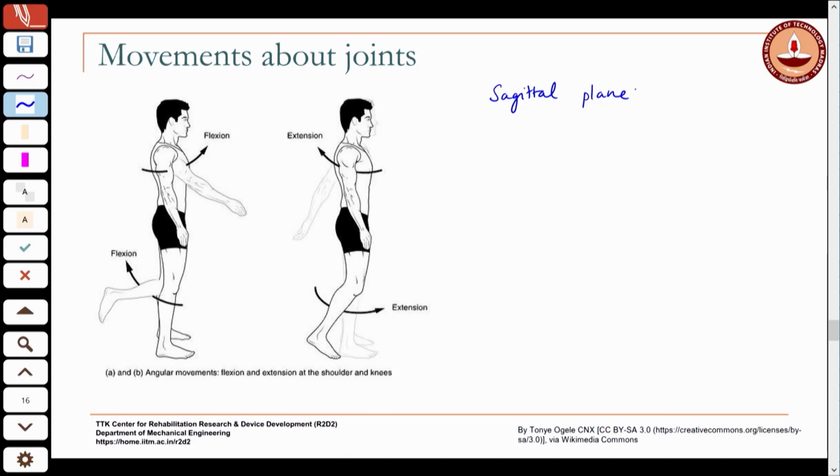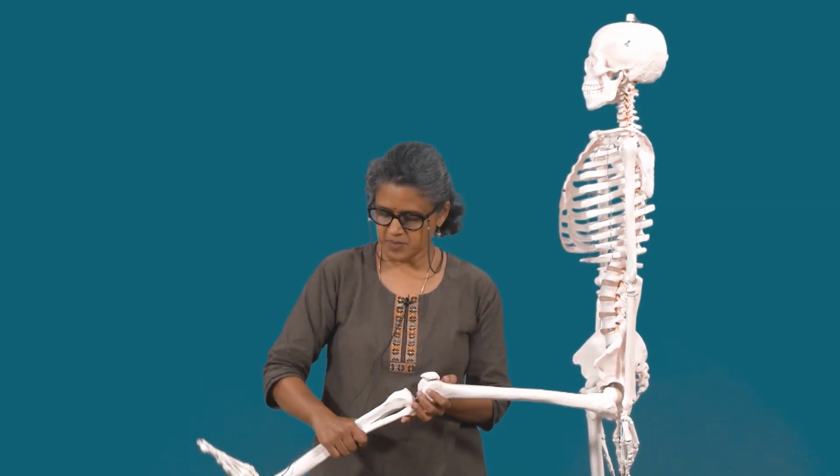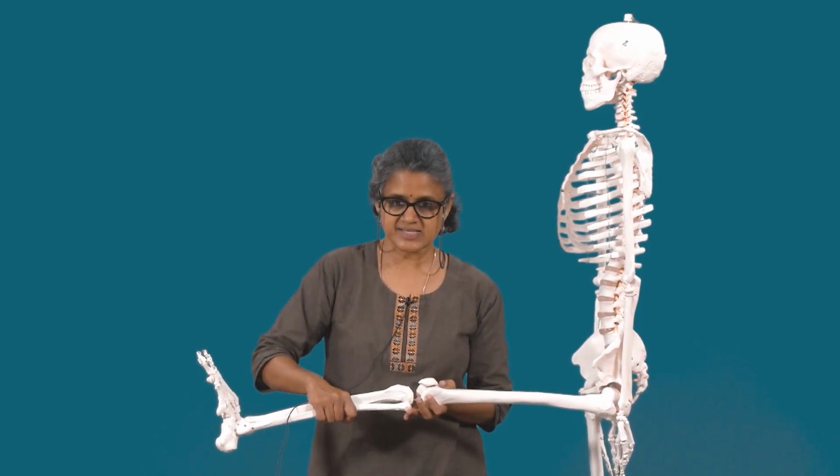If I look at the knee, then knee flexion is bending in the sagittal plane, bending the knee is knee flexion, bringing it back to the straight position is extension.